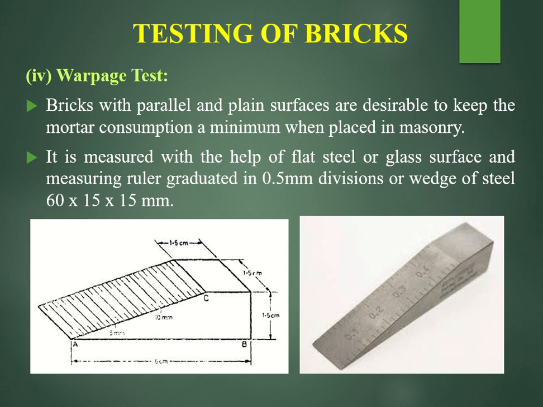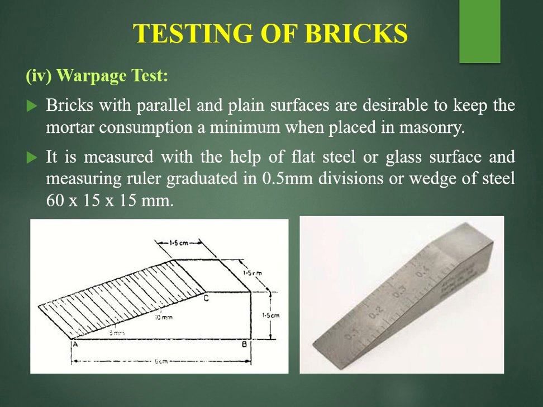You have a wedge shape made of steel whose dimensions are around 60 mm by 15 mm by 15 mm. For the warpage test, you can take 10 sample bricks from a complete lot or from the complete stock of bricks available. Just take any 10 bricks at random.